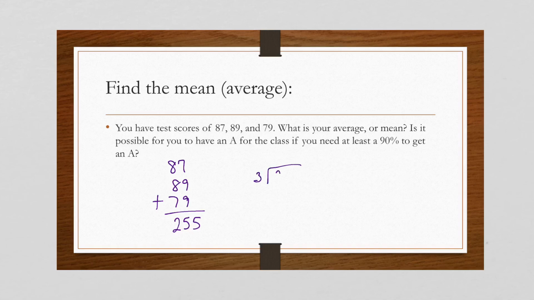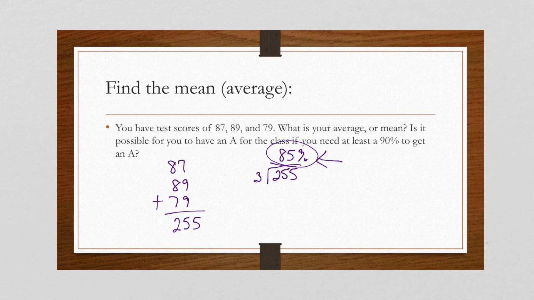So, again, on my calculator, 255 divided by 3, and I get this answer, 85. So 85%. Now, the next part of the question says, is it possible for you to have an A for the class if you need at least a 90% to get an A? Well, you only have an 85%. You have not met the 90% requirement, so no, it's not possible for you to get an A.